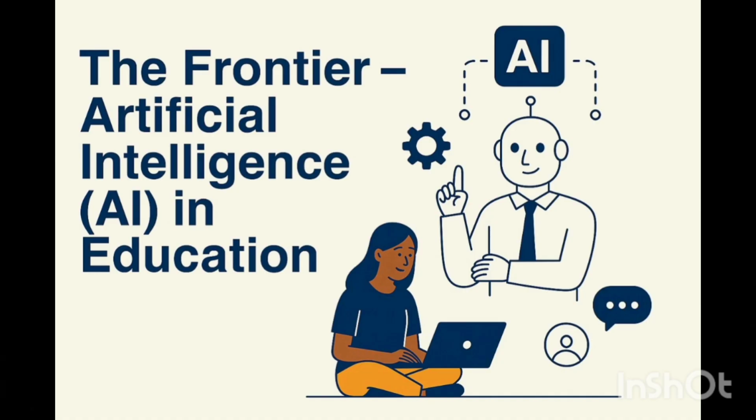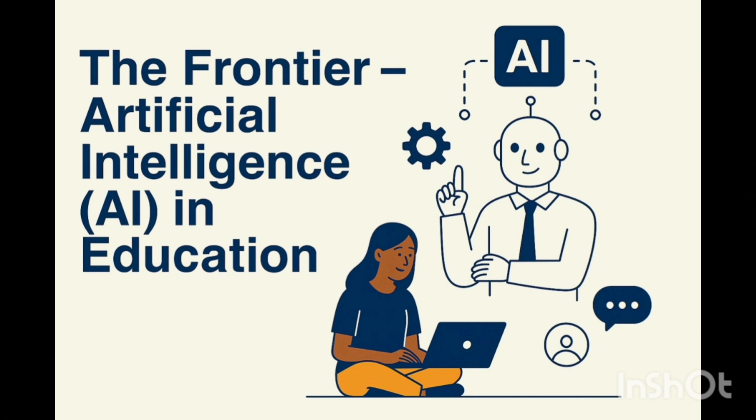Number 2, automated grading and feedback. AI tools can provide instant feedback on assignments, freeing up teachers' time for more complex tasks. Then, intelligent tutoring systems. AI chatbots and virtual assistants can offer on-demand support and explanations.